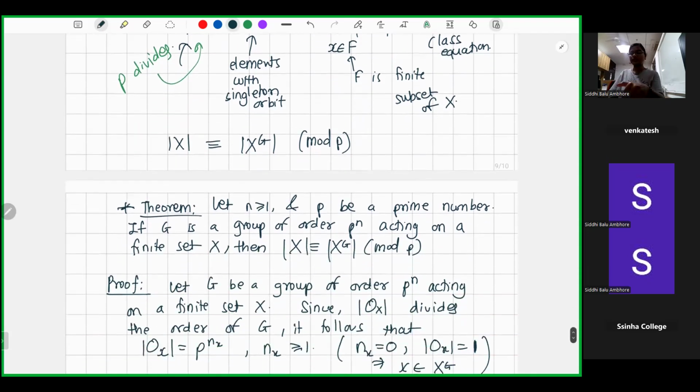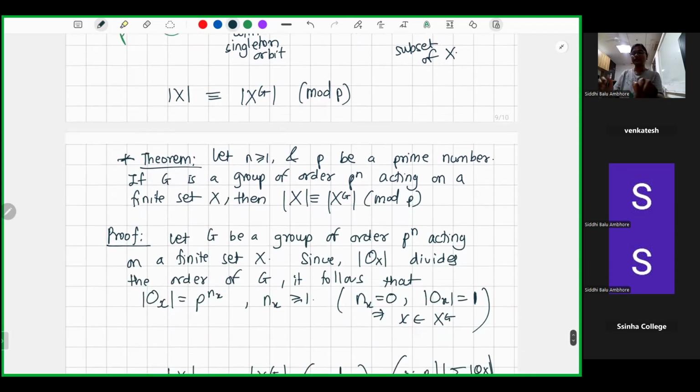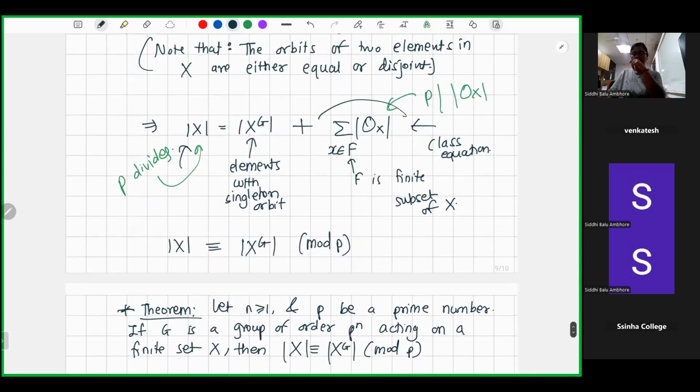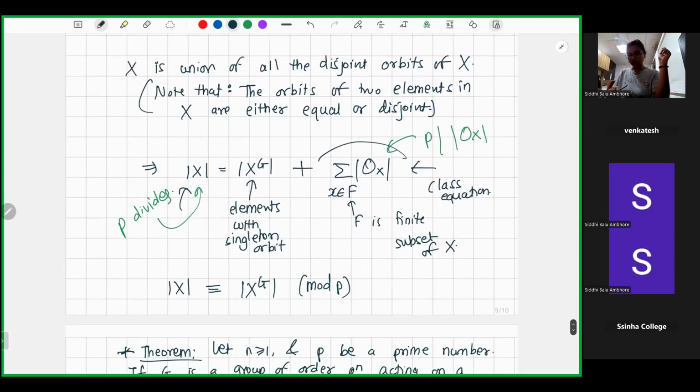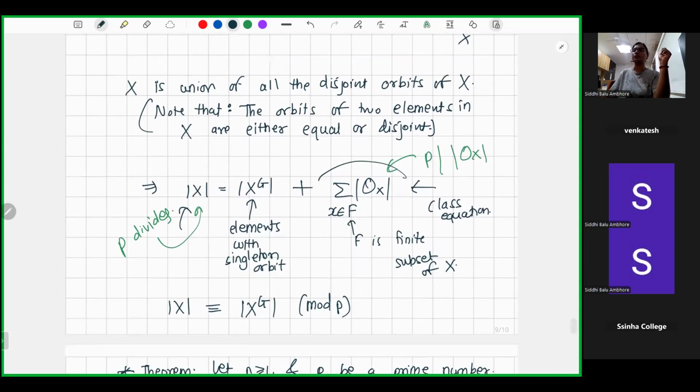And what this statement says is that X power G, meaning the cardinality of this set, which is the collection of all those x which have a singleton orbit, is congruent to the cardinality of X modulo p.